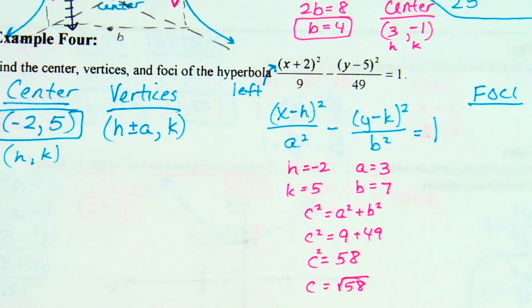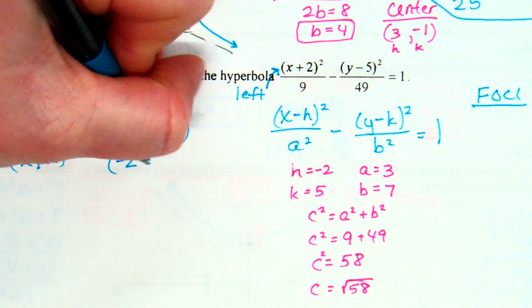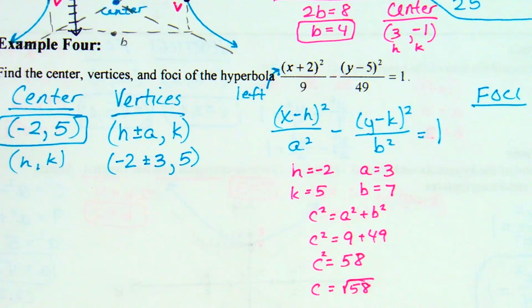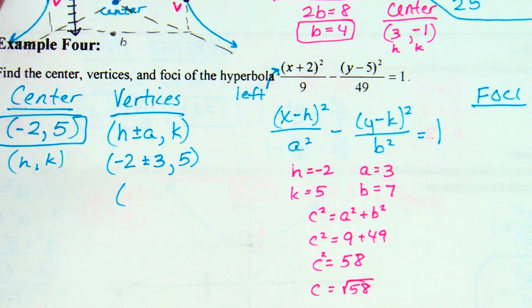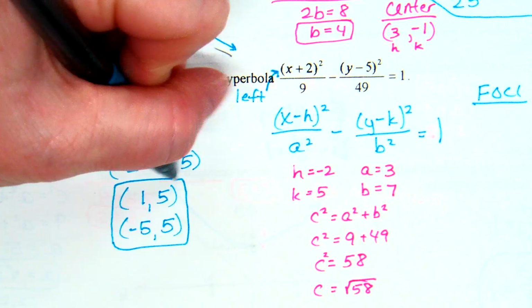Since X is first, that means everything's added or subtracted to the X coordinate. Okay, have you done the math? -2 plus or minus 3, comma 5. What are you going to give me? Okay. 1, 5 and -5, 5.